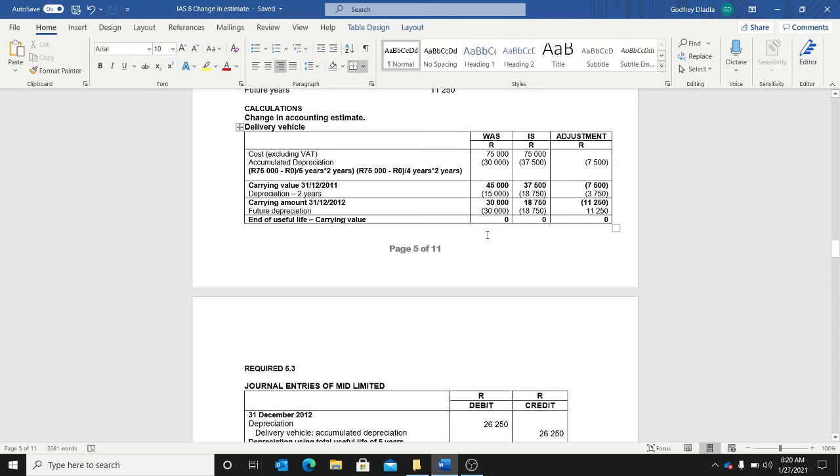In future, you depreciate 30,000. So these amounts are then shown in the was column as if nothing changes. Now let's then go to the column. Let me just do this so we achieve consistency and students can see what it means.